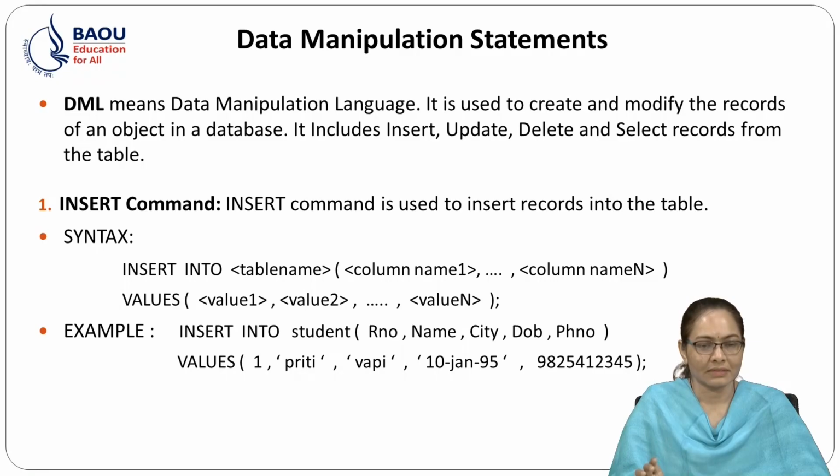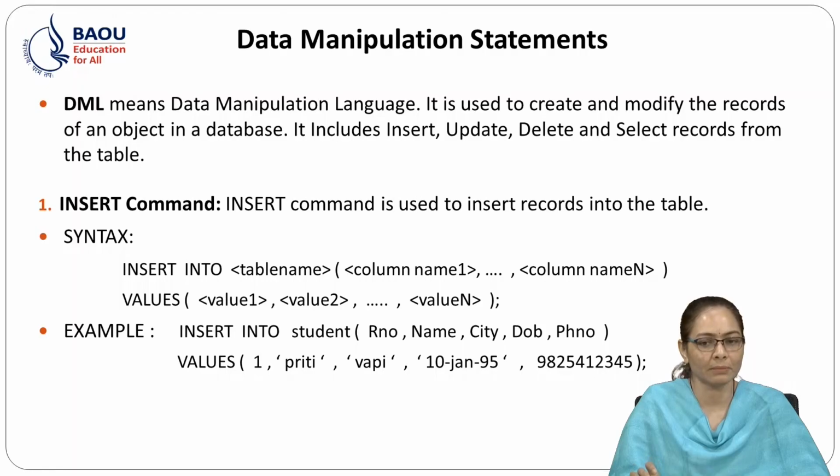values. In the bracket, 1 is the data or value which is stored in the roll number column. Preeti is the data which is stored in the name column. Vapi is the city name, so it is stored in the city column. Then date of birth, the 10 Jan 95 is stored in date of birth.